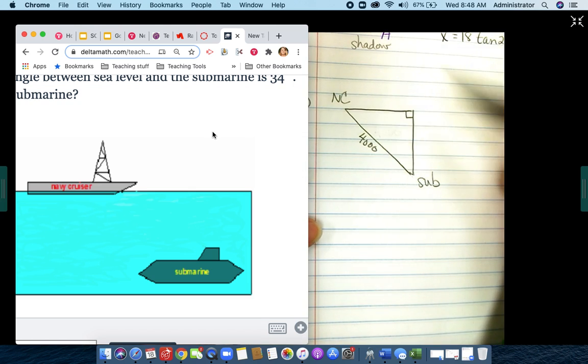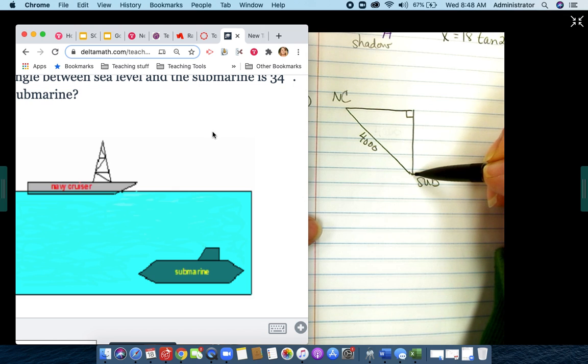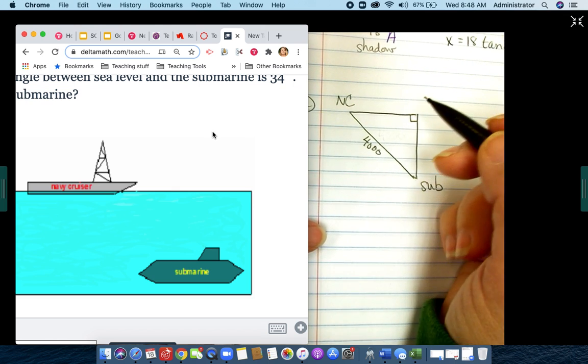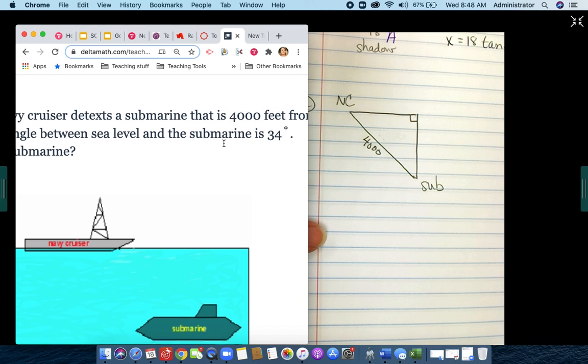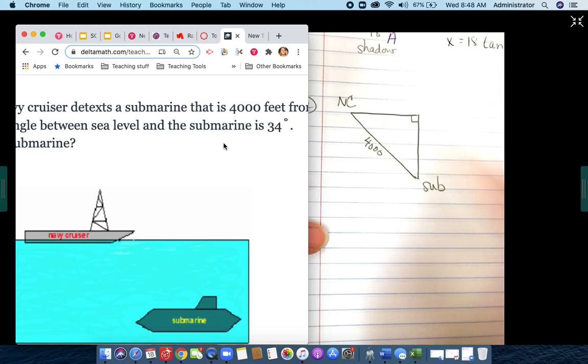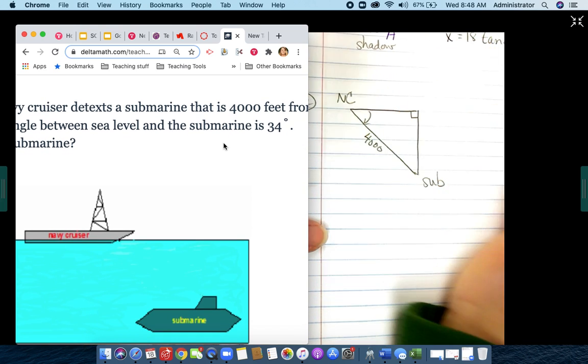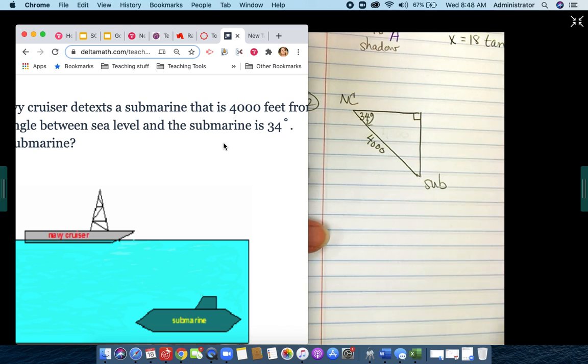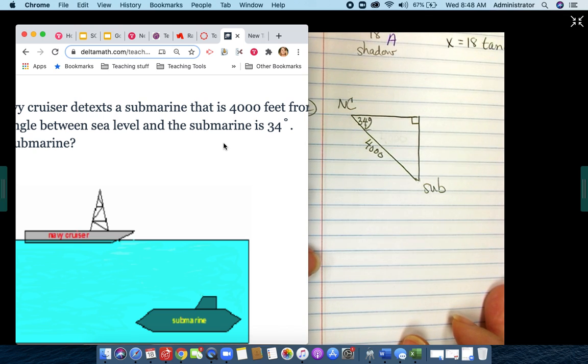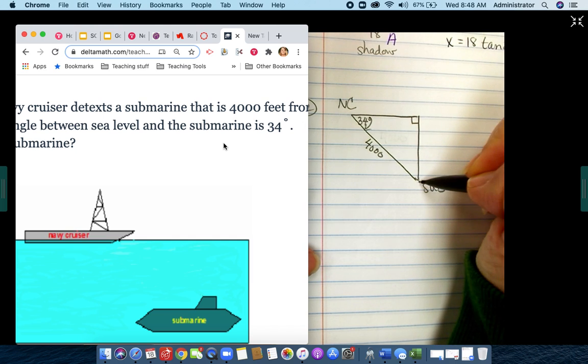So we've got a Navy cruiser 4,000 feet from the submarine. It tells us the angle of depression. So remember the angle of depression is from the horizontal downward. So from here to here, this angle is 34 degrees. So I'm going to put in 34 degrees. And they want to know how deep is the submarine.